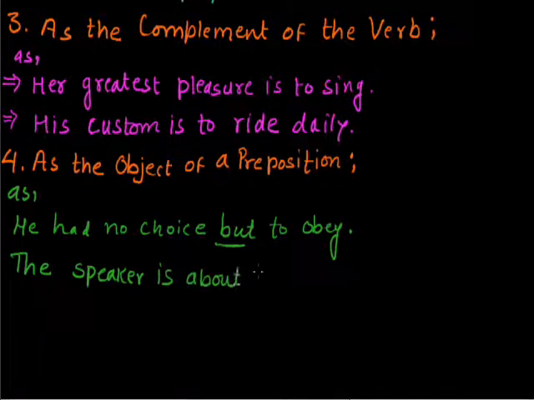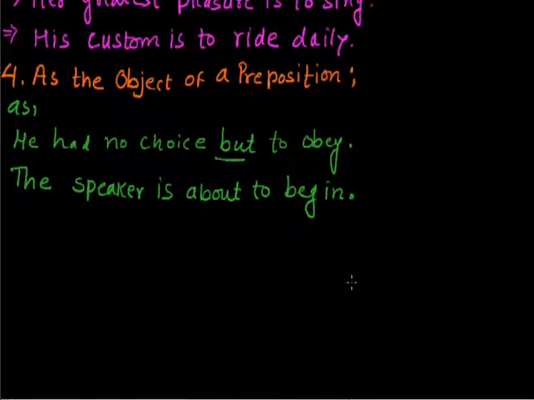Here in the second sentence, the preposition about is given and after which we have used the infinitive to begin as the object of it. Okay. The next use of the infinitive is that it can be used as an objective complement.